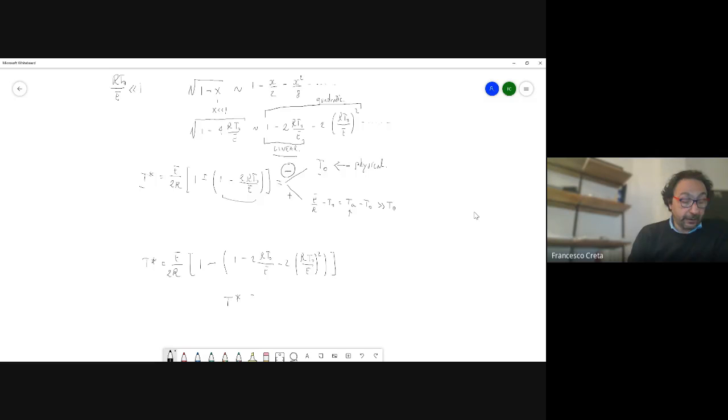The T star is equal to T0 plus R T0 squared over E. So now we have a number for the... sorry, can you see the squared here? Let me call this the explosion.